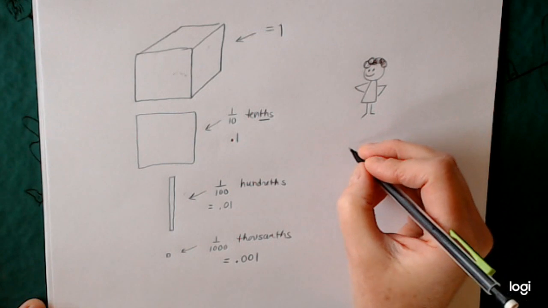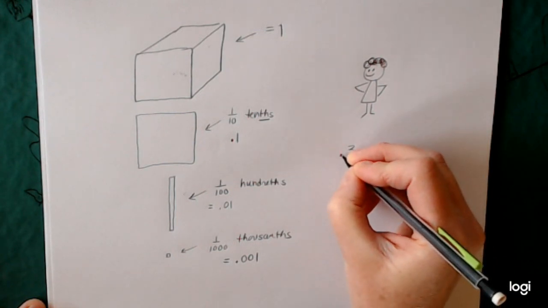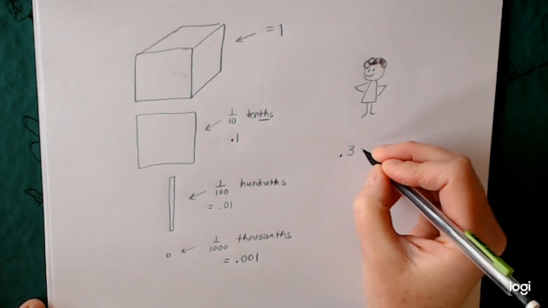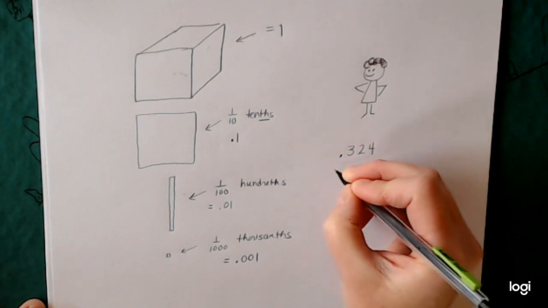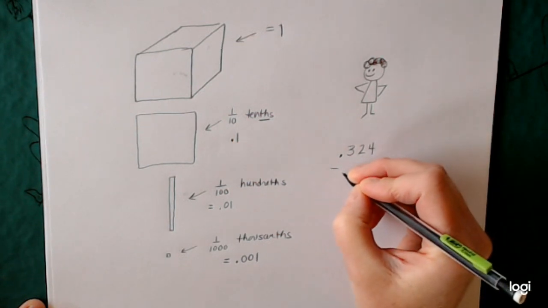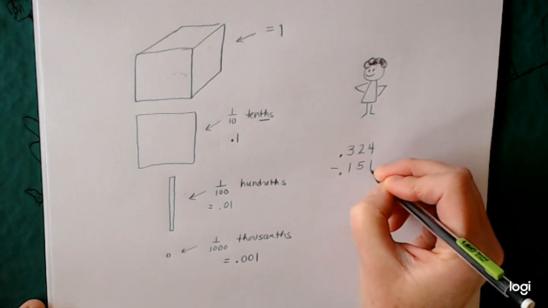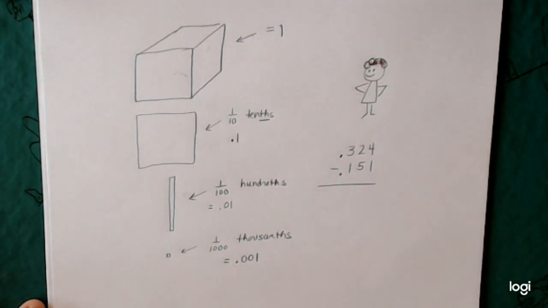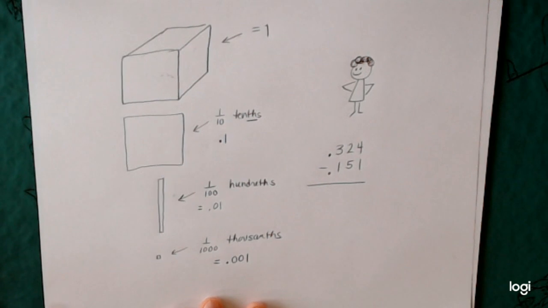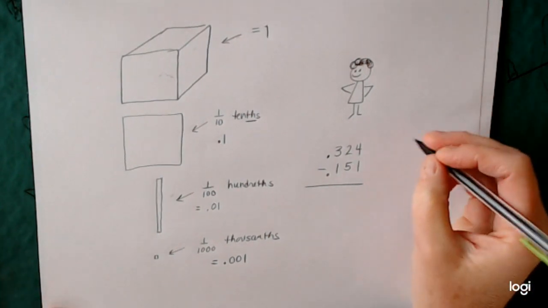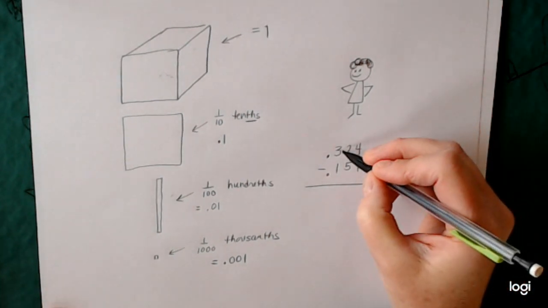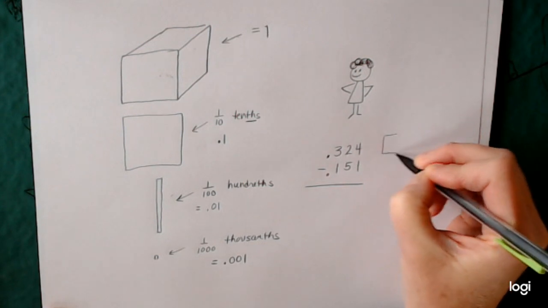Let's do the problem 0.324 minus 0.151 and see how we might model that for kids. So first what this means, this is 3/10.